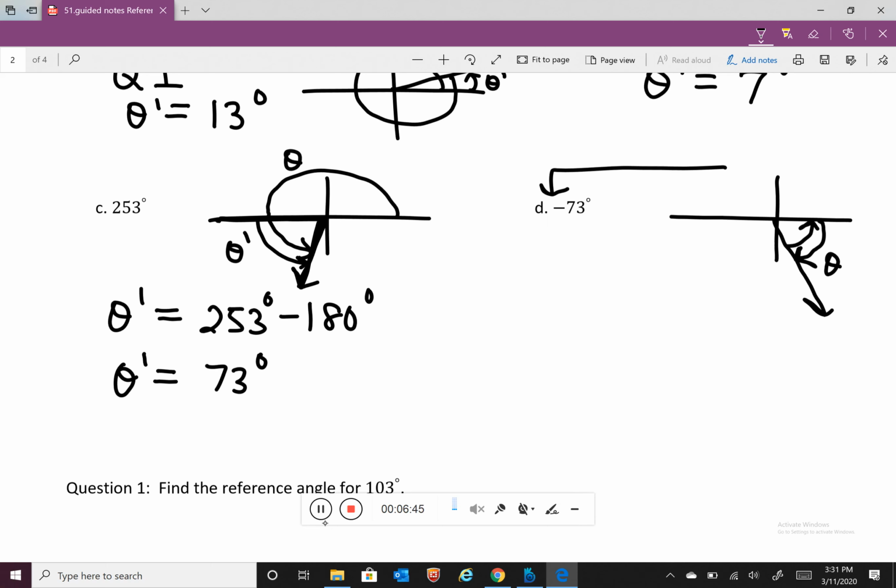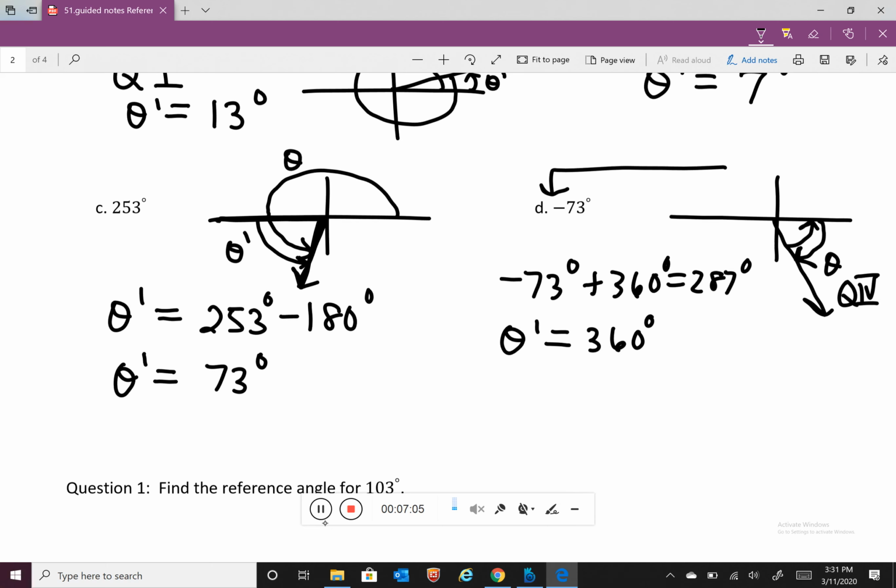And one way we can find that is by taking negative 73 degrees, adding 360 degrees to get its positive coterminal angle. That helps us understand that this angle is lying in quadrant 4. And then to find our reference angle, we can take 360 degrees and subtract our coterminal angle, and this gives us positive 73 degrees, which is our reference angle.